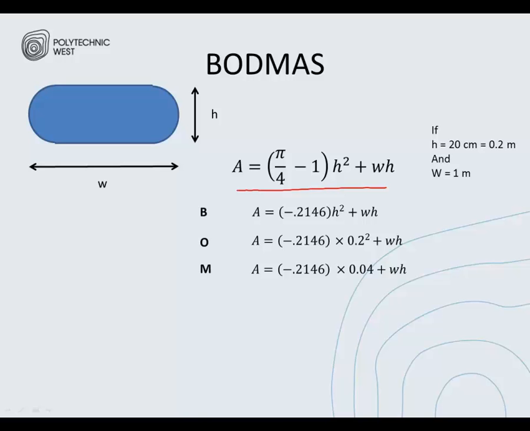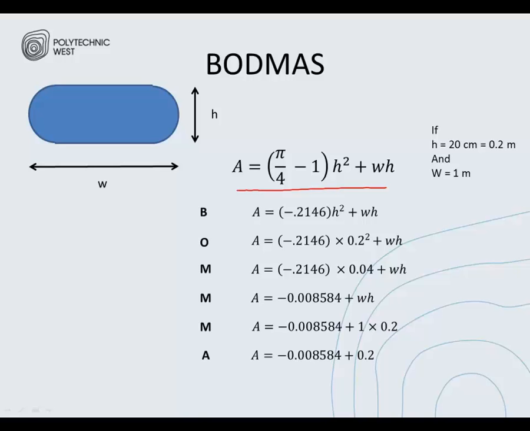Now I'm going to deal with the multiplication: minus 0.2146 times 0.04. I get this horrible number, minus 0.008584, plus WH. So now I do the next multiplication, which is W times H. W is 1 for 1 meter, H is 0.2. So 1 times 0.2 gives me 0.2.